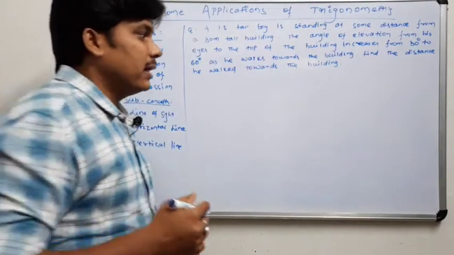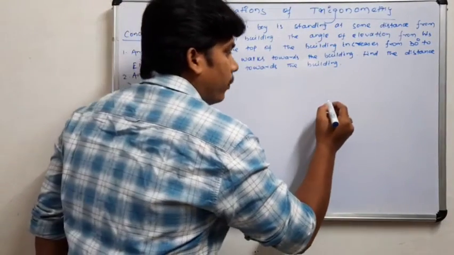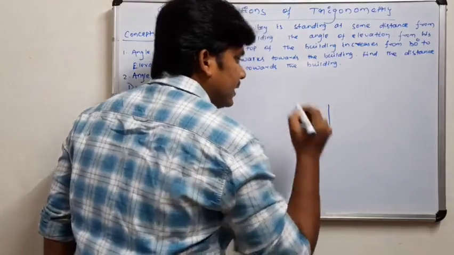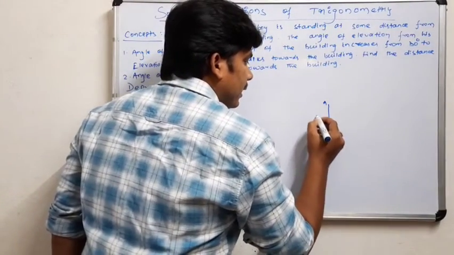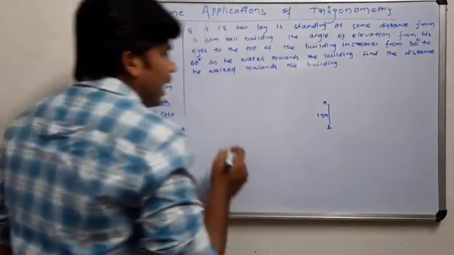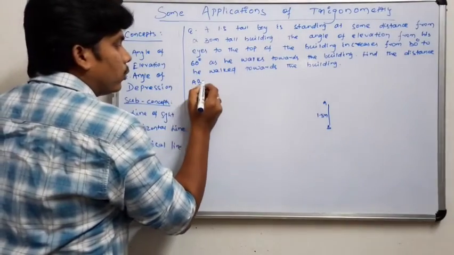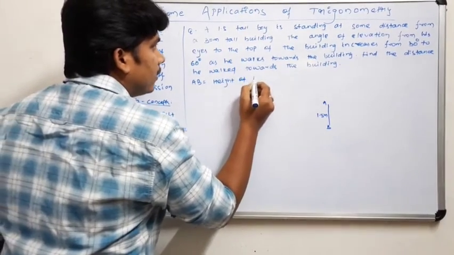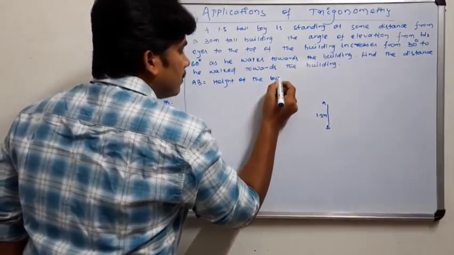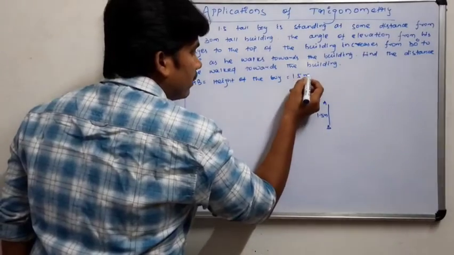See here students, I am taking that 1.5 meter tall boy as a single line. I am naming this boy AB, that is 1.5 meters. I am writing here also AB equal to height of the boy is 1.5 meters.